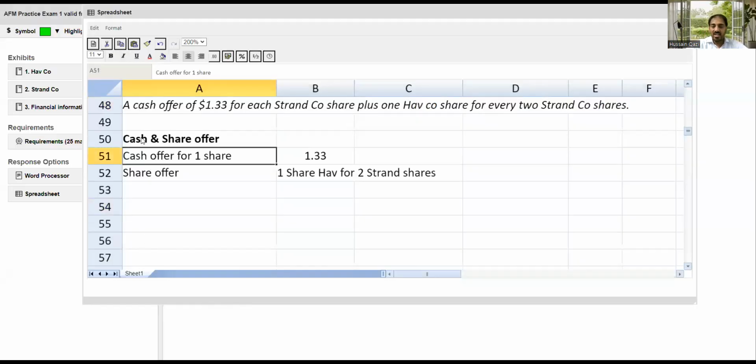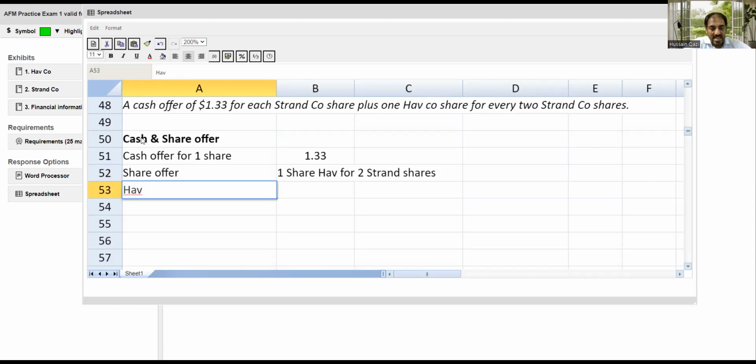Okay, once again, cash offer for one share 1.33 with respect to Strand, that's what they will receive, plus share offer. One share of Have for 2 Strand shares.